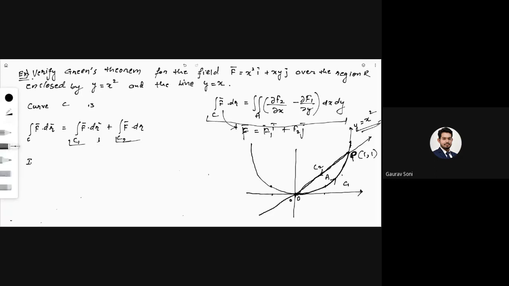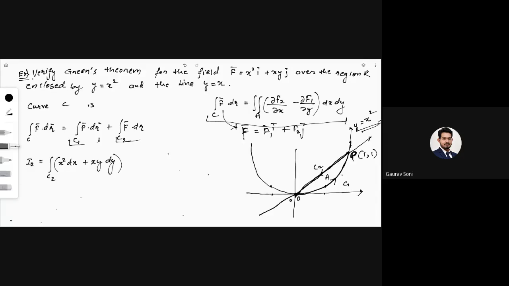Now I2 is equal to the integral over C2 of x square dx plus xy dy. What is our I2? I2 is this curve, which is the line y equal to x.